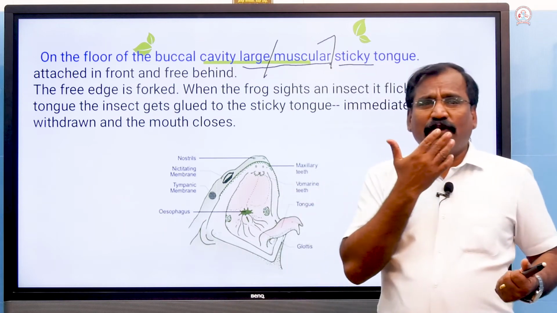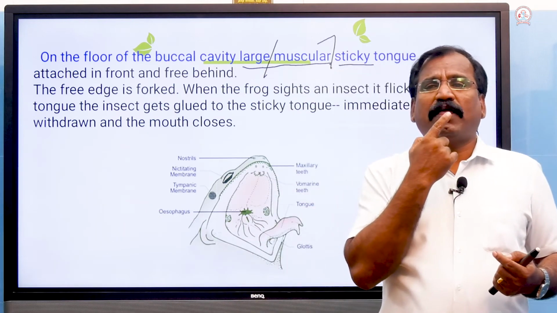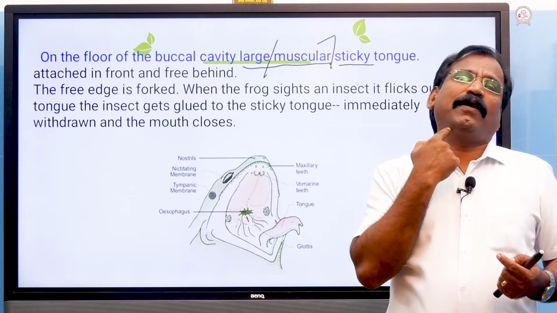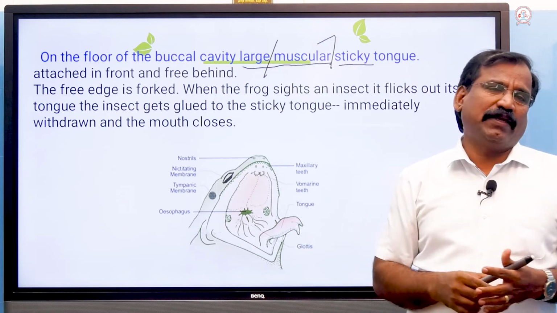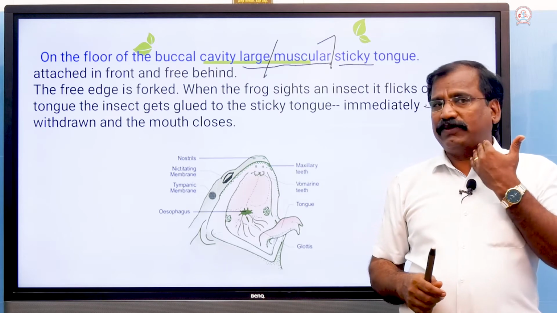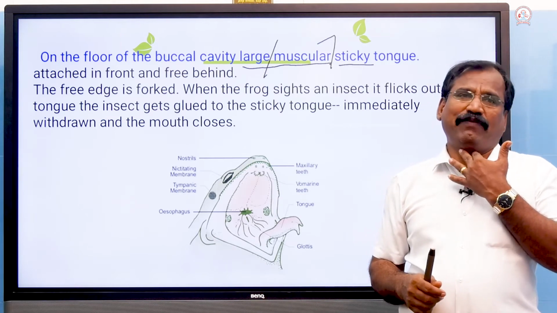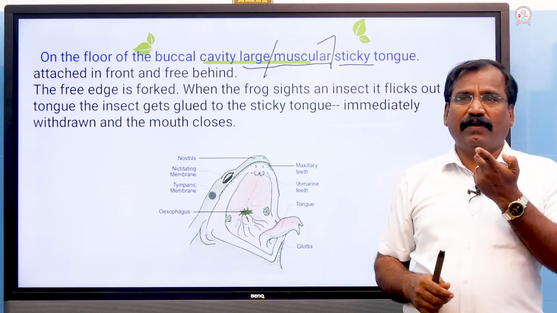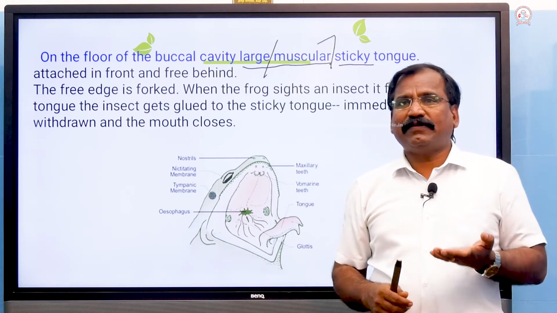Here imagine our tongue: the tip is called anterior, and behind it is the posterior. In our tongue, the posterior end is attached to the base of the buccal cavity, and the anterior end is free.